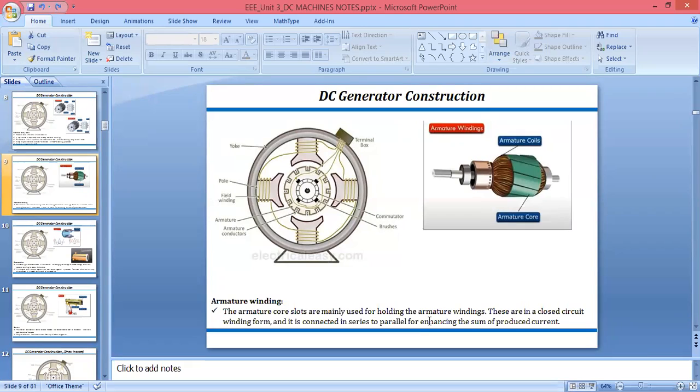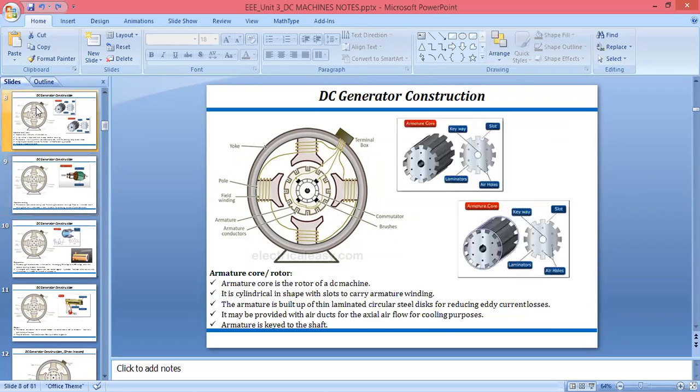So we can say here armature can be constructed by silicon steel. हम क्या बोल रहे हैं, ये जो है armature, we can make armature by using the steel disc. And the thickness of this disc we will keep very small to reduce the losses. हम क्या कर सकते हैं, इसका जो एरिया है, we can put that thickness to very small size.